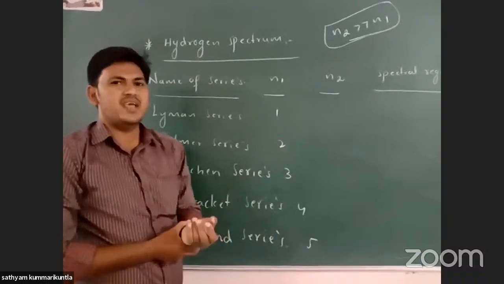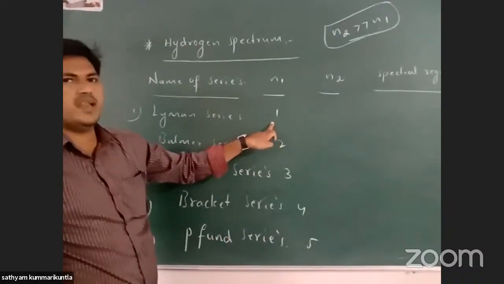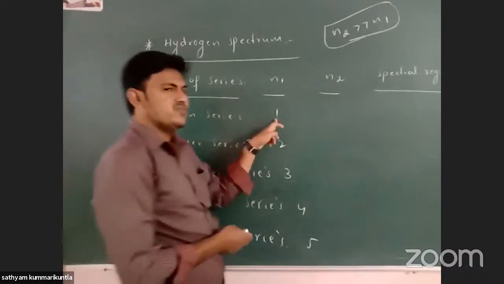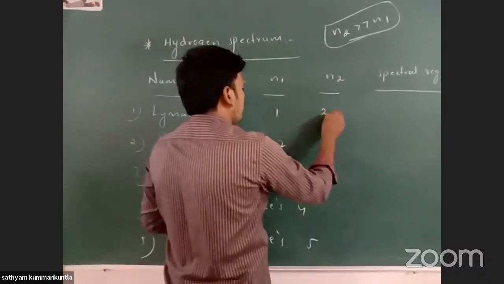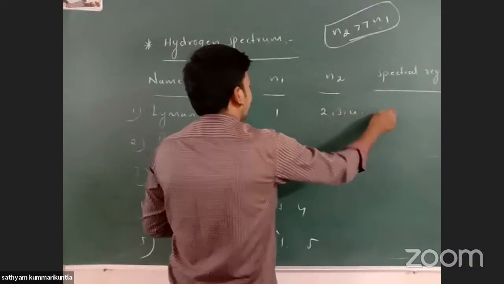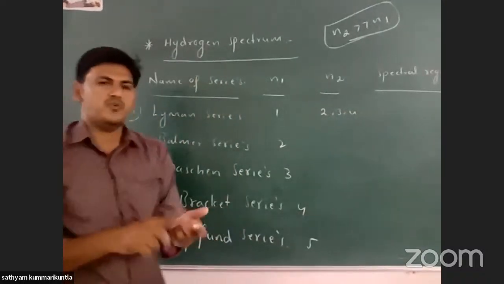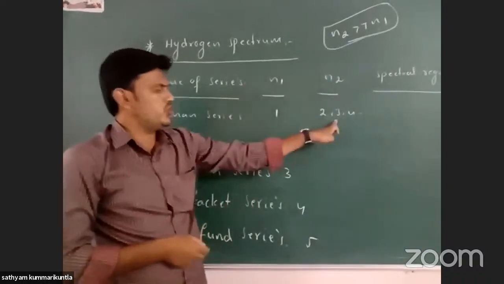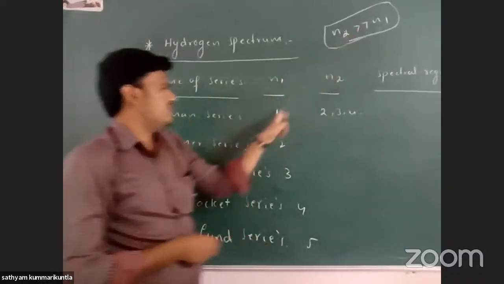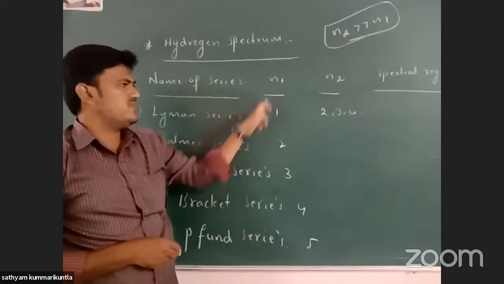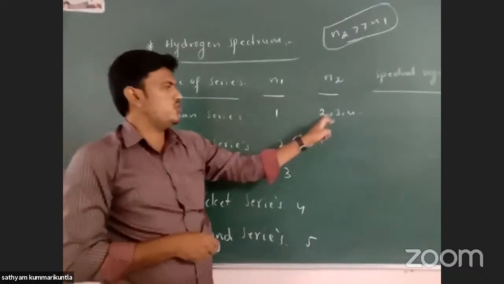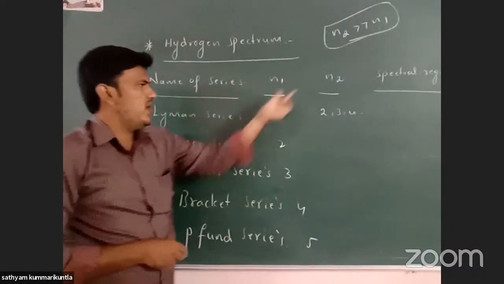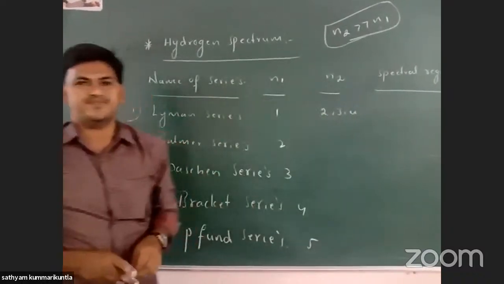So N2, very simple, N2 is 2, 3, 4, 5, 6, 7, etc. So N2 is always greater than N1 value. So finally, in Lyman series, N1 value is 1 and N2 is 2, 3, 4, etc.